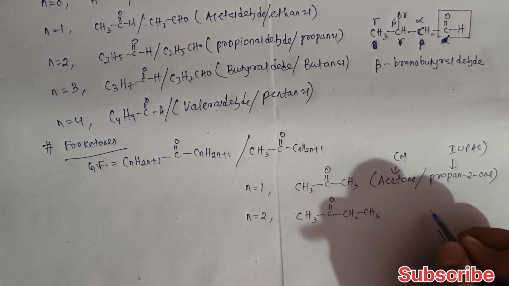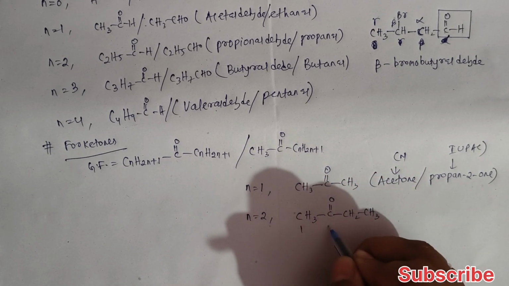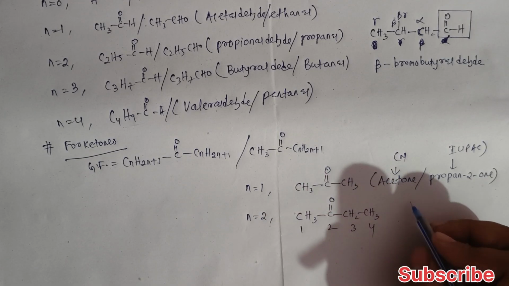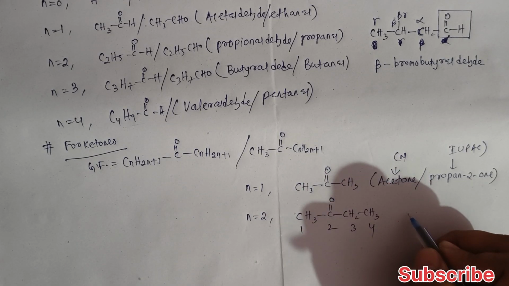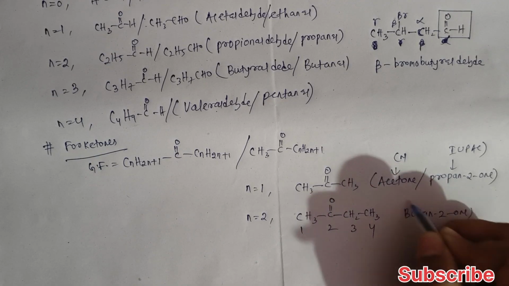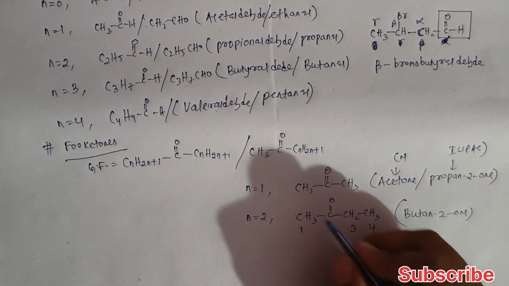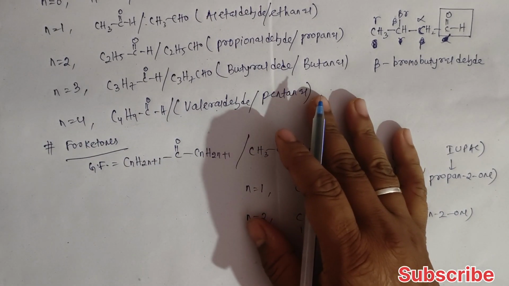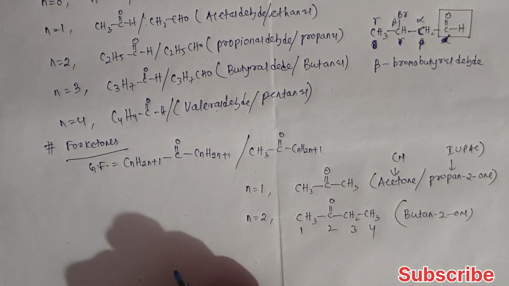Its IUPAC name, counting will start from the right: 1, 2, 3, 4. So its IUPAC name will be butan-2-one.